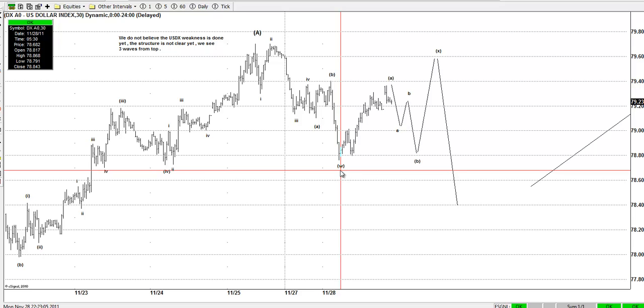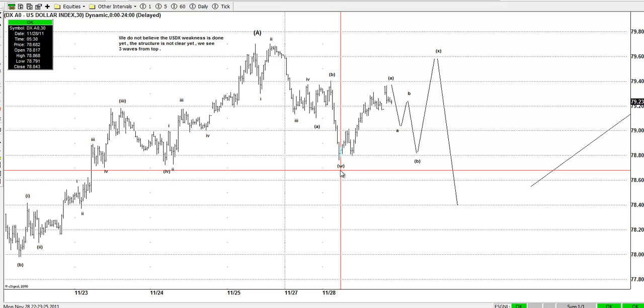So we are favoring the scenario where the dollar is going to get weak at the beginning of the night in London, then it's going to get strong today and tonight and tomorrow, and then it's going to bounce and get weak again. So that's how we see the market, guys, for tonight.